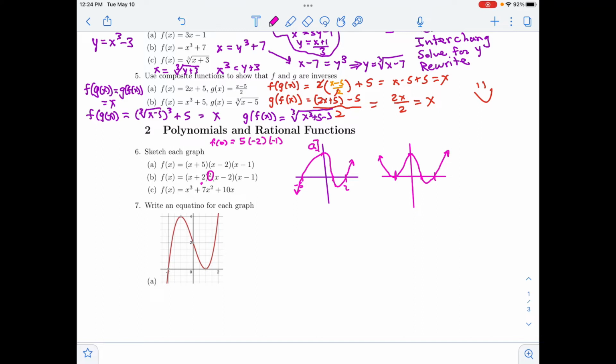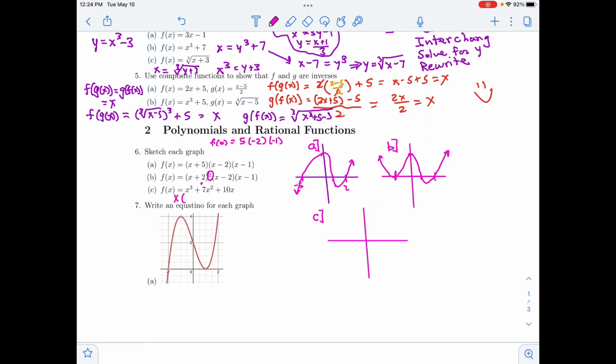Now let's look at C. So this is B. Now C. Okay. Let's make a little graph. Now this one, we can't readily see the factors because it's not factored. However, we could factor this.